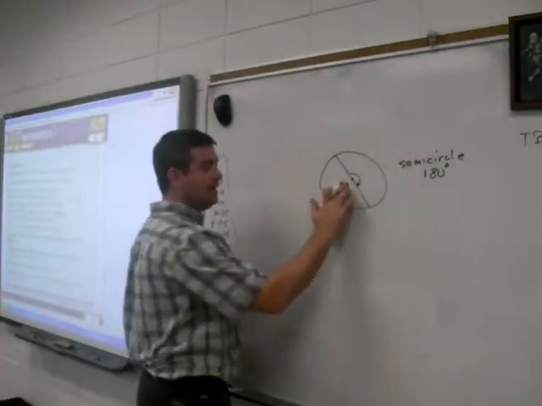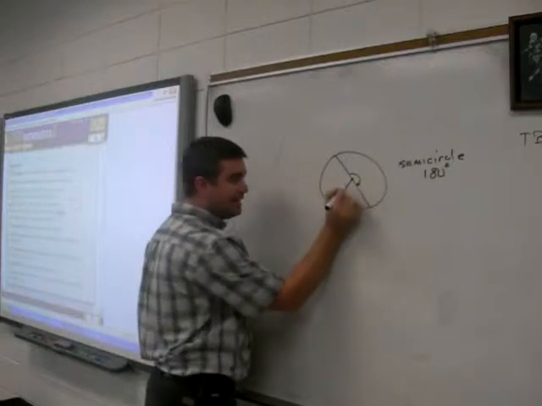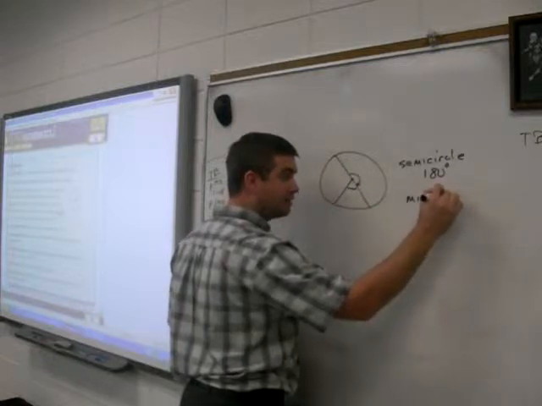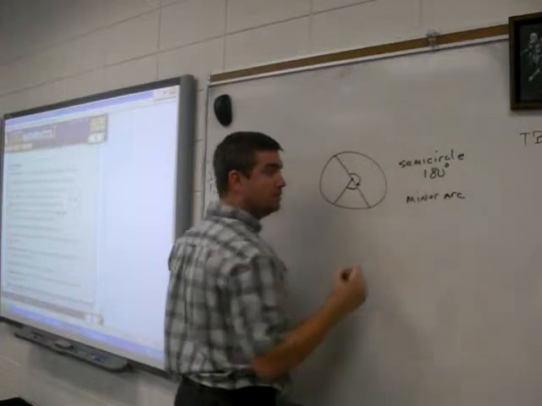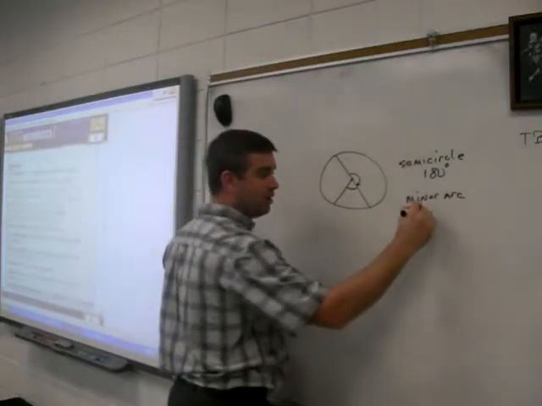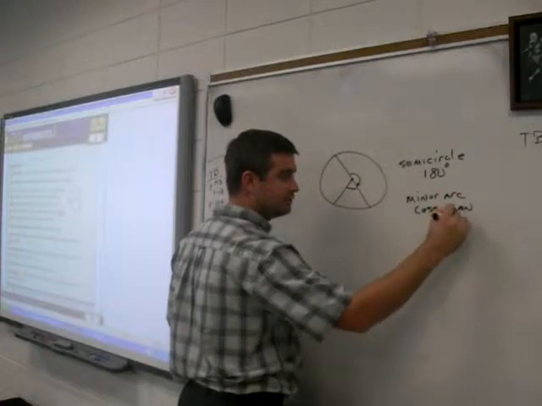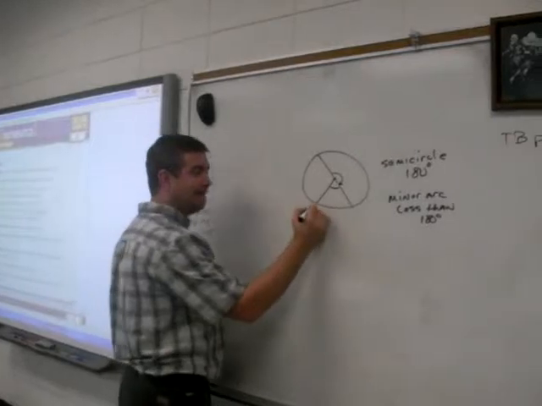If I take a central angle and it's less than 180 and it's this distance here, okay, then it is a what? Minor. It is a minor arc. Minor arcs are less than 180 degrees. Okay? Minor arcs normally have 2 letters.